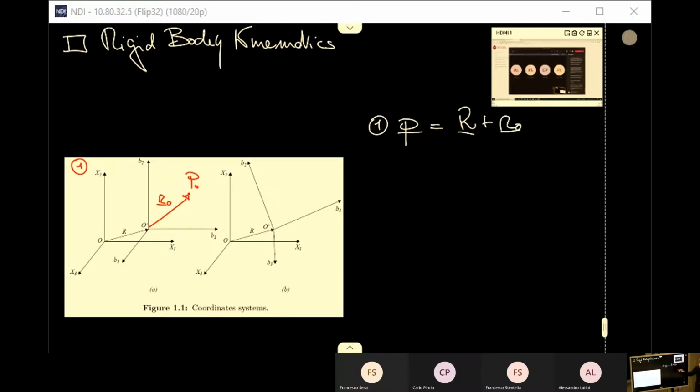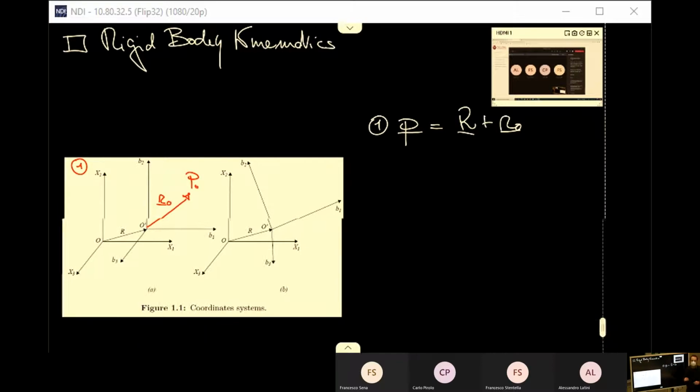Okay, so please again note that I'm not putting any overbar right now. In this case, R0 is this vector which goes from O prime, which is the origin of the local frame, to P0. And it is expressed with respect to the inertial frame. So its coordinates are basically the projection of R0 with respect to x1, x2, and x3. Okay? All right.